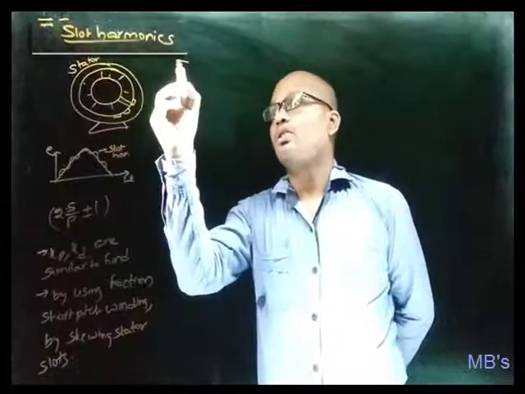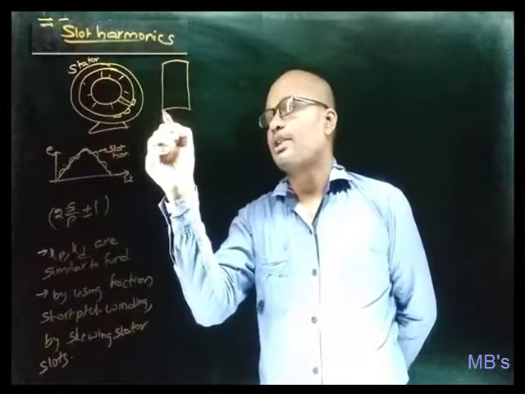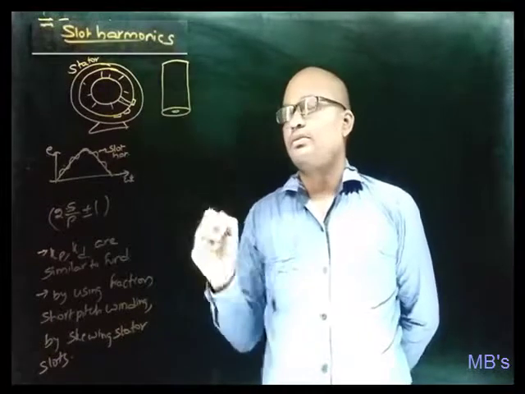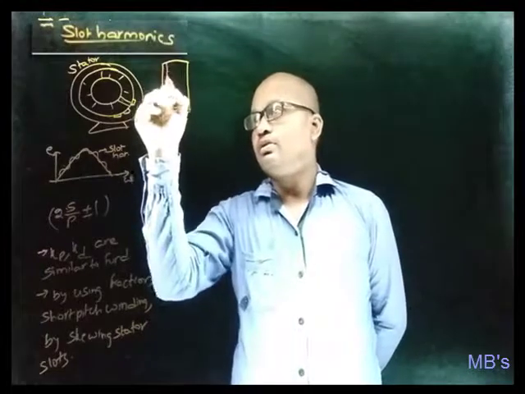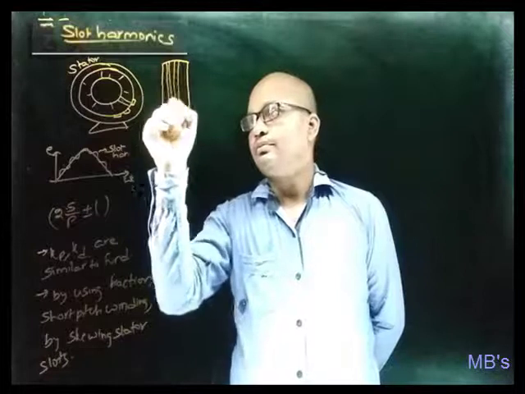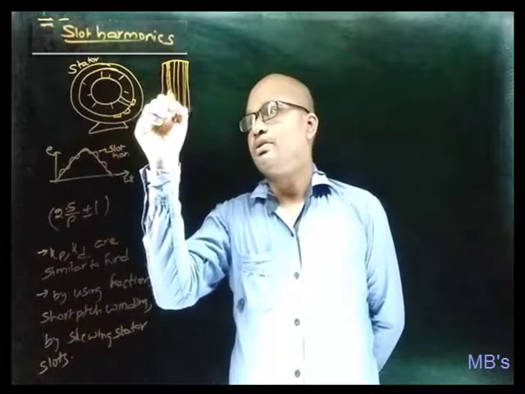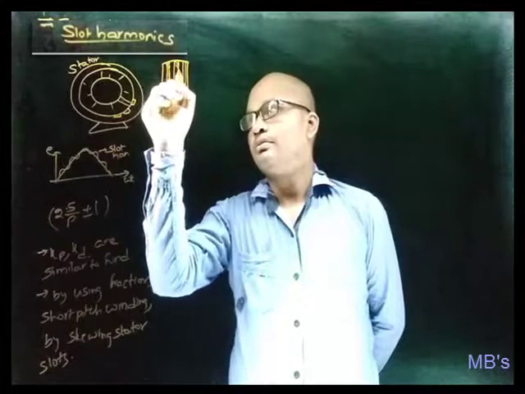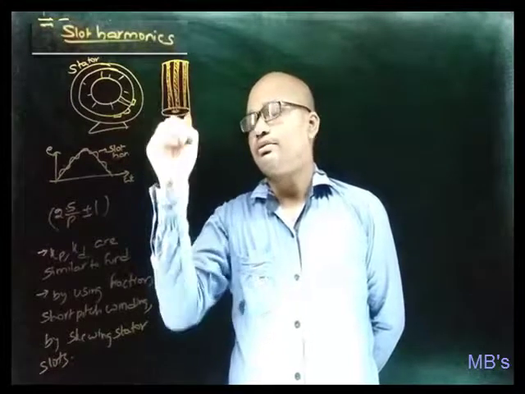Let's have a look from the top view of the stator. From the inner periphery the slots will be straight like this. These are the slots present in the inner periphery of the stator.